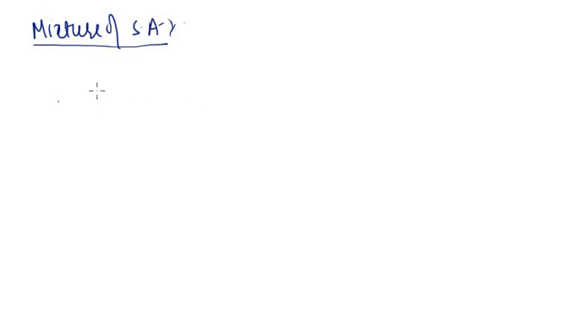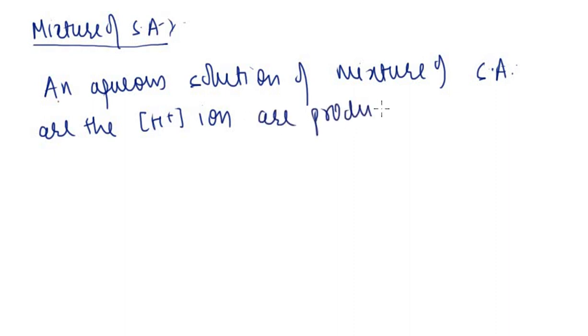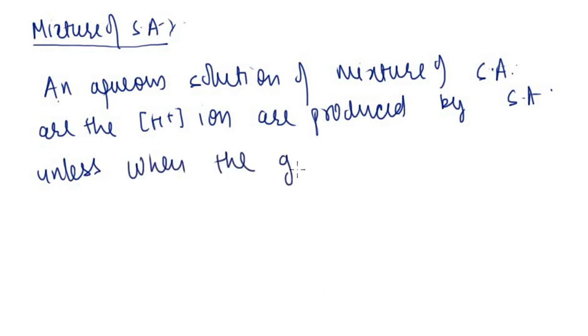whenever we are mixing, so an aqueous solution, we write some sentence: an aqueous solution of a mixture of strong acid, and the concentration of H plus ions are produced by strong acid, unless when very dilute.